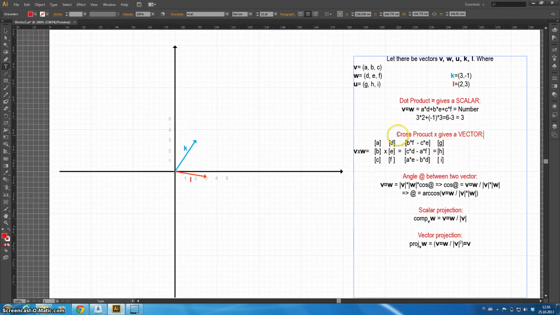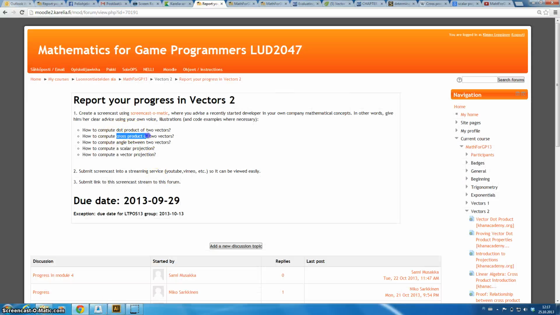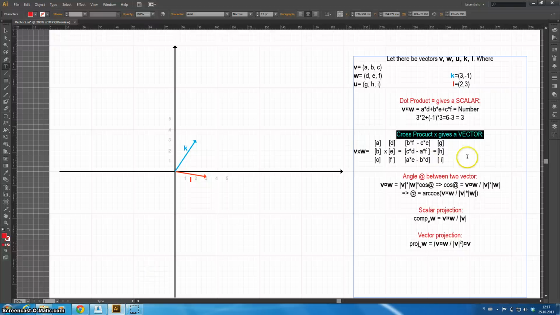And then there is a cross product of two vectors. We can only use the cross product in 3 dimensions, when the space is R3.